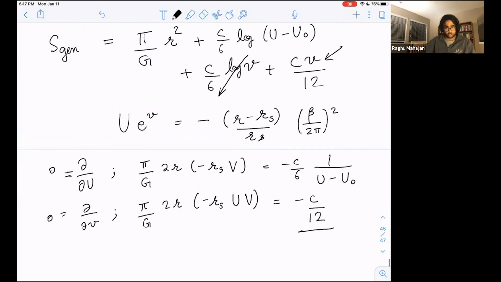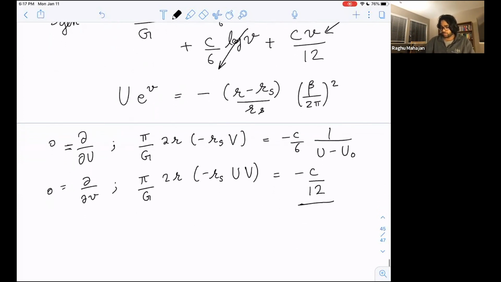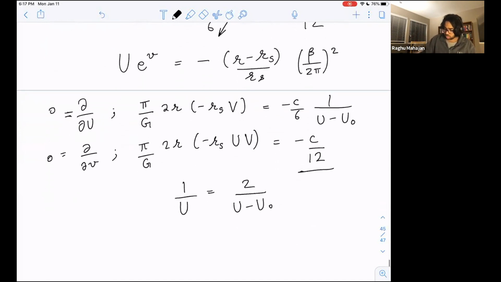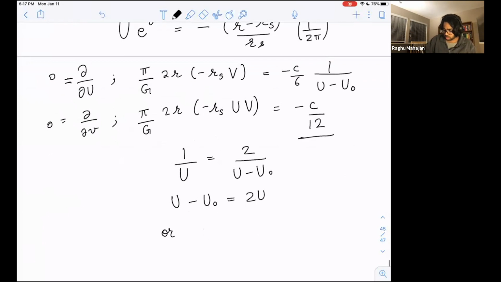There are just these two equations, and the simplest thing to do is to divide them. When we divide, we get a value for u. So we get 1 over big U equals 2 over u minus u naught, which means that u minus u naught is 2u, or u star, the location, is negative u naught.